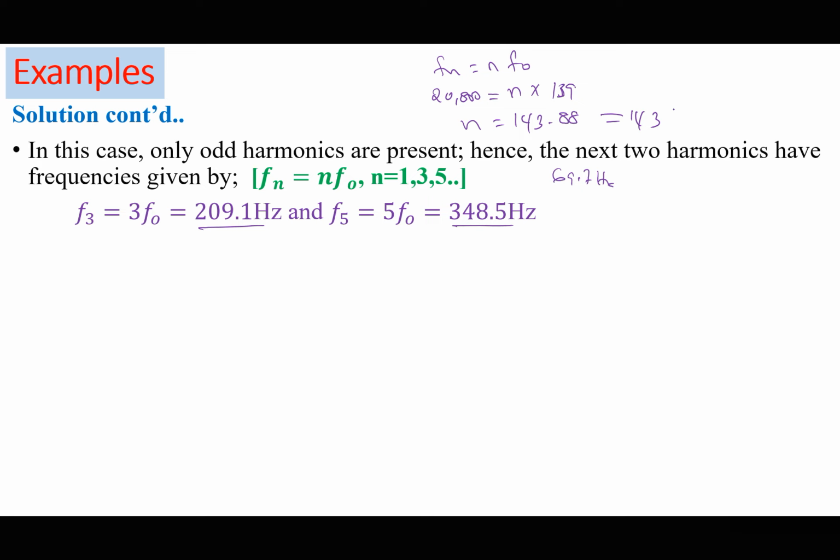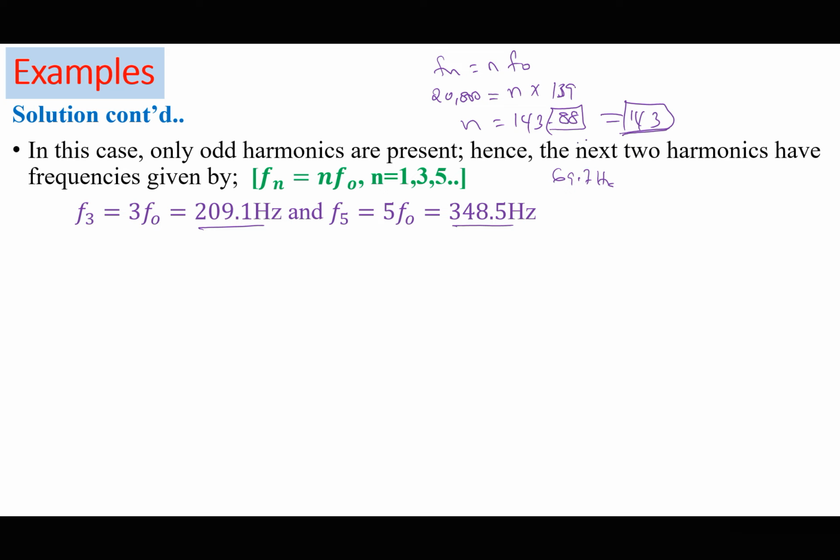I can't round off this to 144 because it means the next harmonic does not fall within. When I round off to the next one, it means I've forced another harmonic to fall within the range, yet the other one does not fall within the range. So you round off to the smallest number, which is 143, even if it is 143.88.